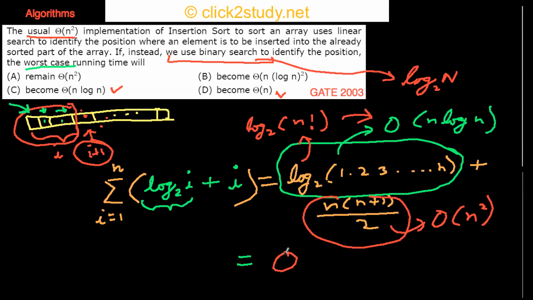So in total you are still in O of n square. You haven't done better than that, and it's simpler to see that it still remains n square. That's the idea behind this.